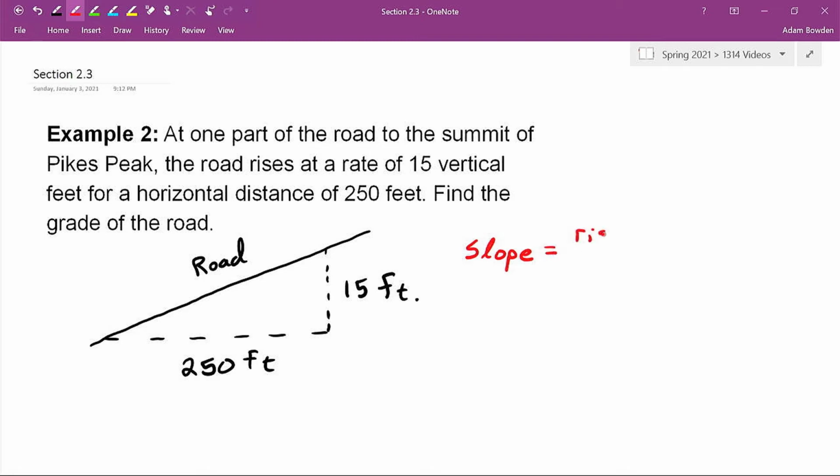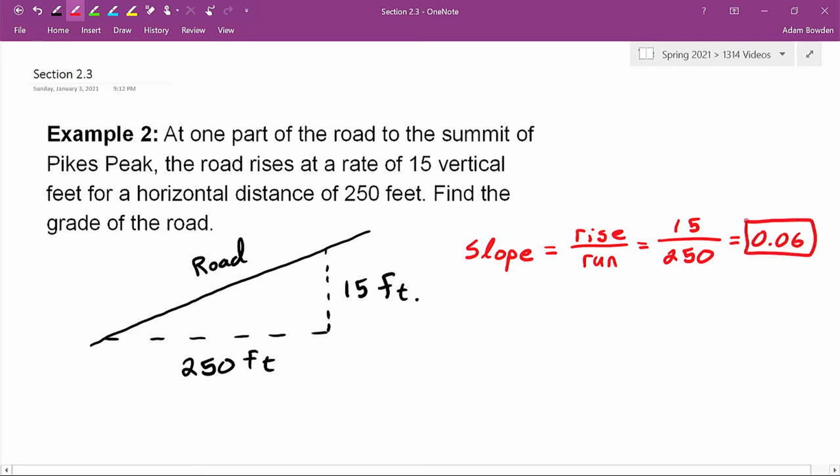Slope, again, we can think about as rise over run. In this case, the rise is 15 feet divided by the run forward, which is 250. When we divide 15 by 250, it comes out to 0.06 as a decimal number.